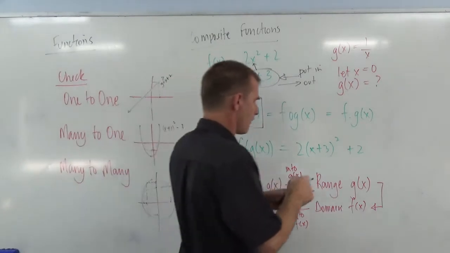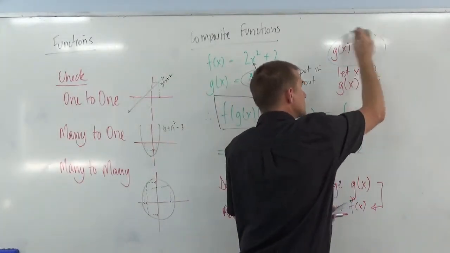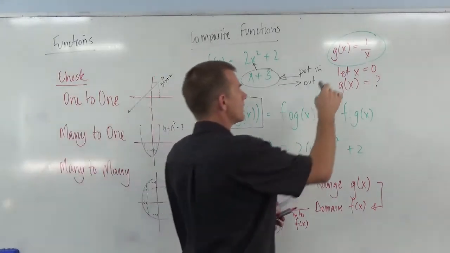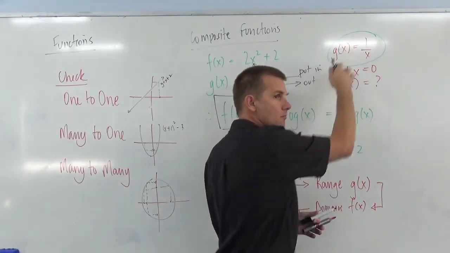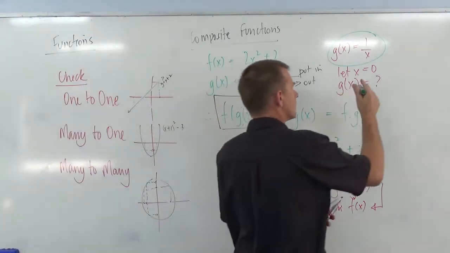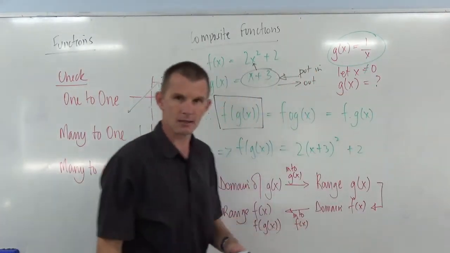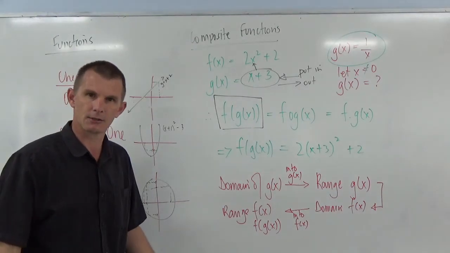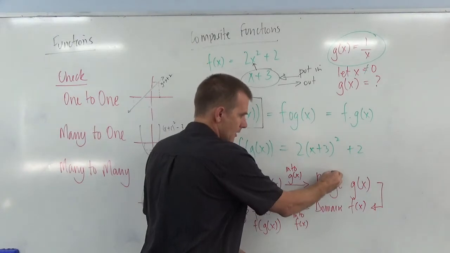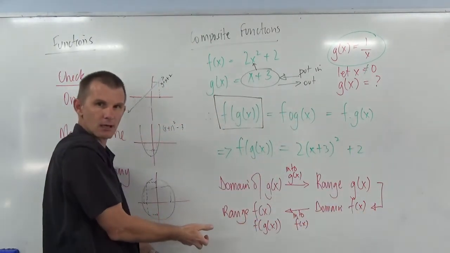So be careful about what this function is doing, as in what you can put in. So my domain of this function may be the set of real values, but I'm going to have to say, well, I can't let x equal 0 because it makes my function undefined. And if the first one is undefined, well, I can't bring that into the second one.